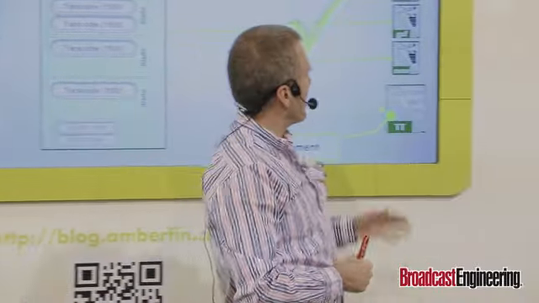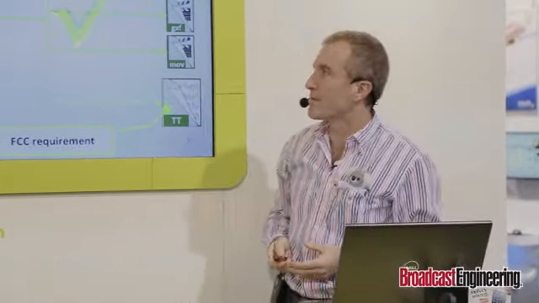So you've now got your money, you've built your big system. The next thing to do is to show that the proof of concept was valid. So you take all the same inputs that you had in the proof of concept and you make all the outputs and you show that the money was well spent because all the inputs go to all the outputs just like you said they would on the proof of concept.